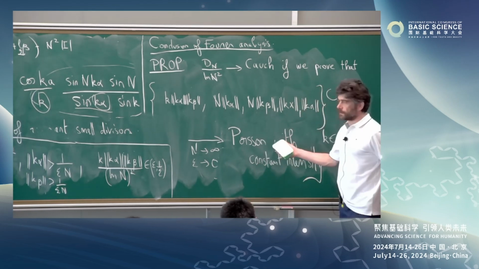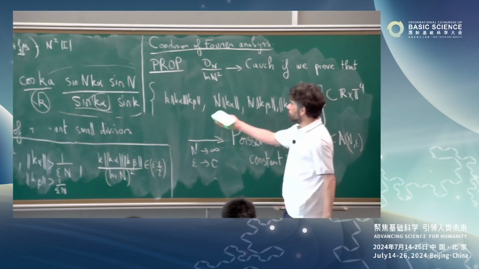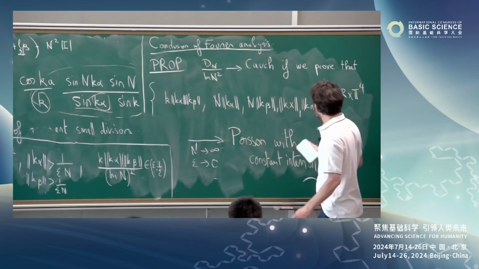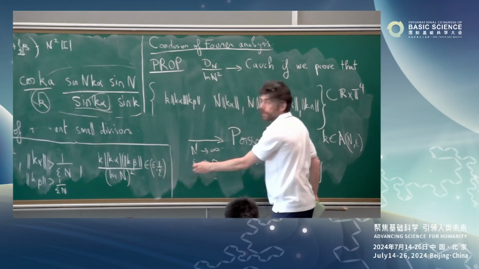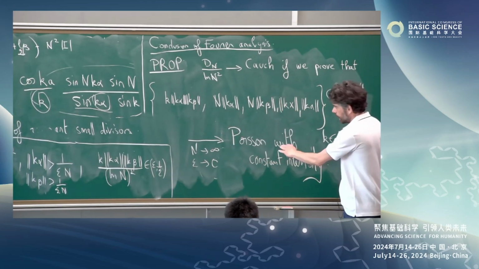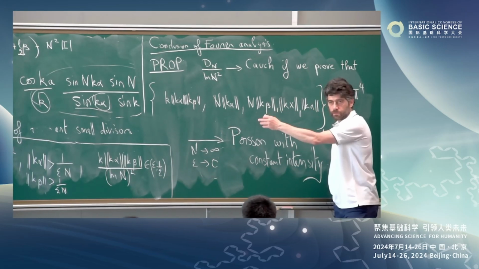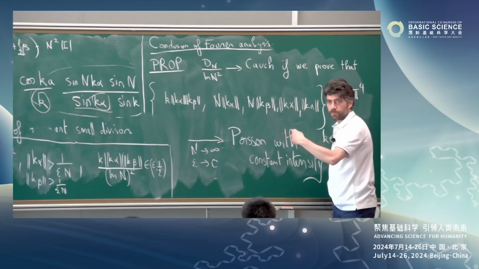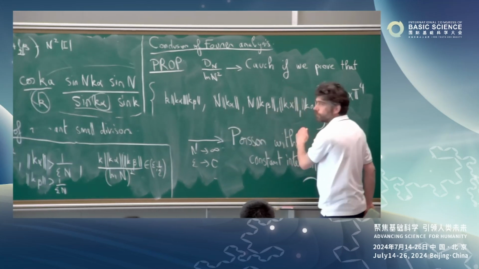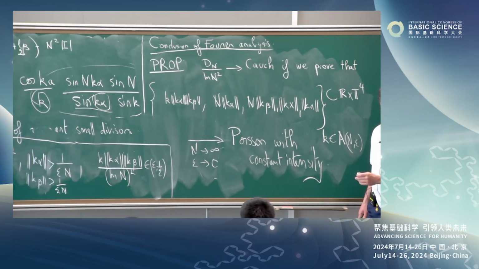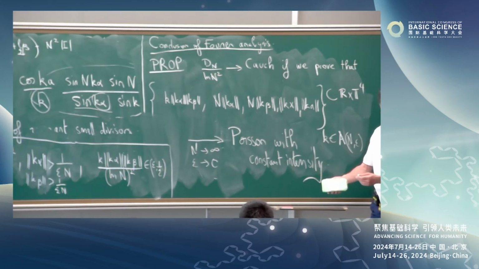So what do I mean? It's Poisson with respect to Lebesgue measure on [-1/epsilon, 1/epsilon]. And then when epsilon goes to 0, it will become a Poisson process on R times T^4. So it's a point process that has a Poisson law.